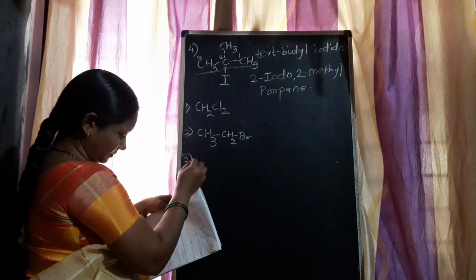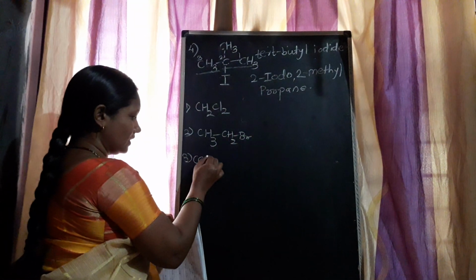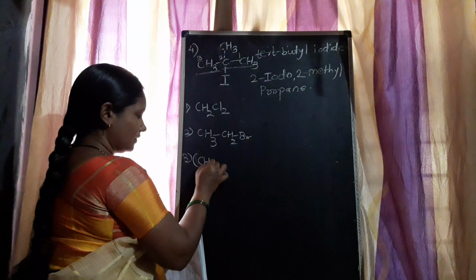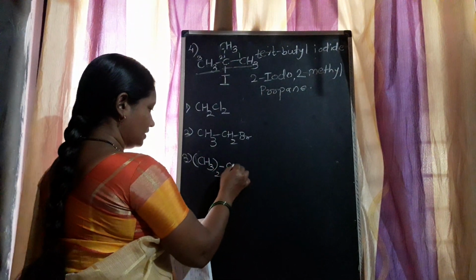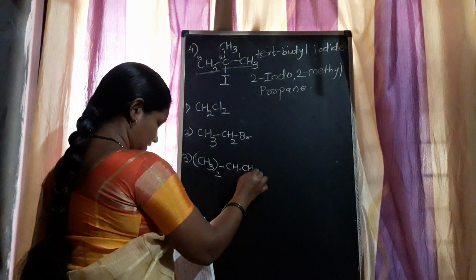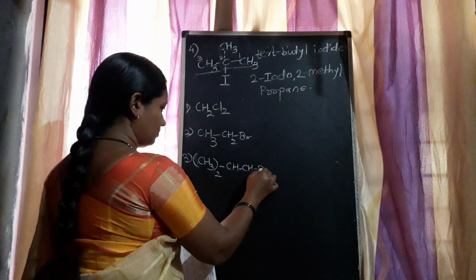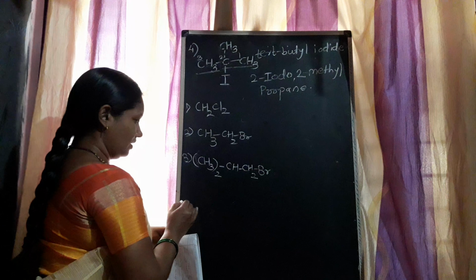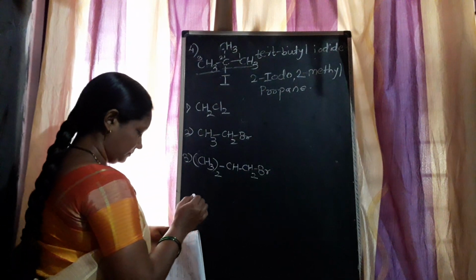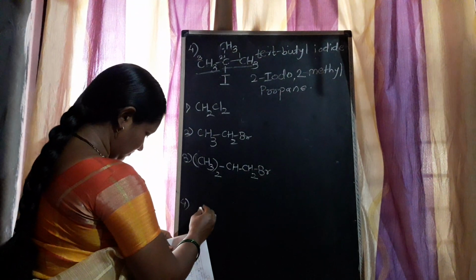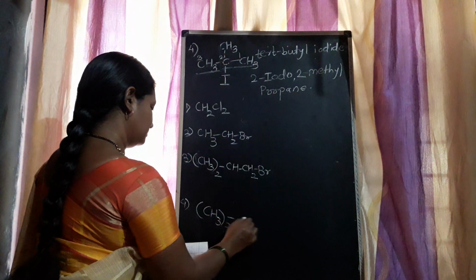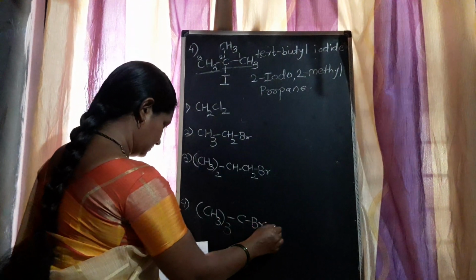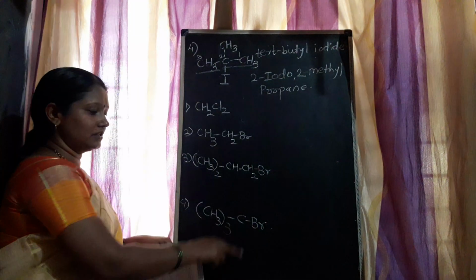Third one, (CH3) twice CH CH2Br. Fourth one, (CH3) thrice CBr.